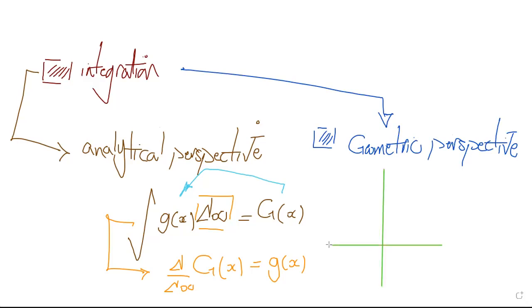We said that, imagine, we have a Cartesian plane. In that Cartesian plane, we have an arbitrary function, which we call, as I just started with g, g of x. Then we said that the same integral, which we talked about analytically on the left of the screen, has the same function, small g, which is plotted on the Cartesian plane.